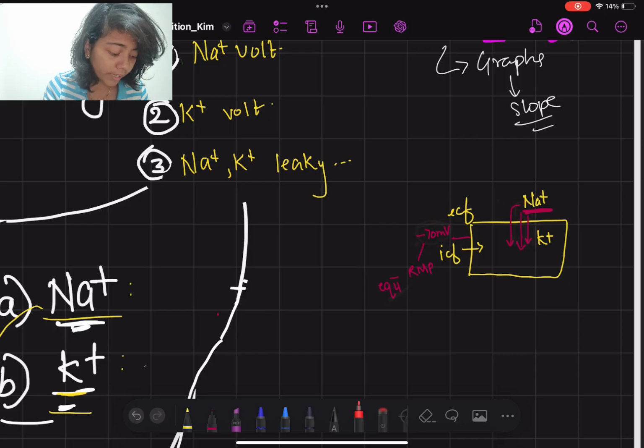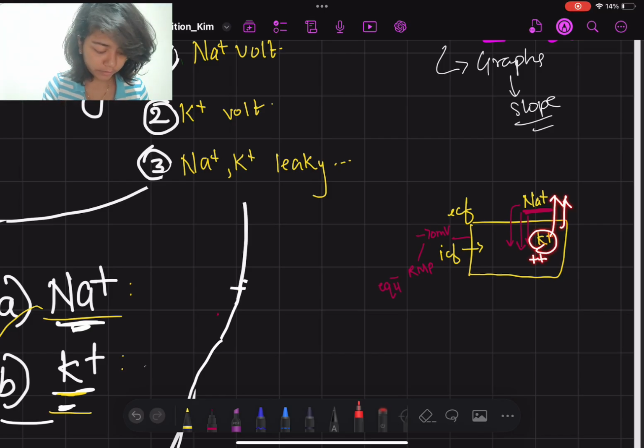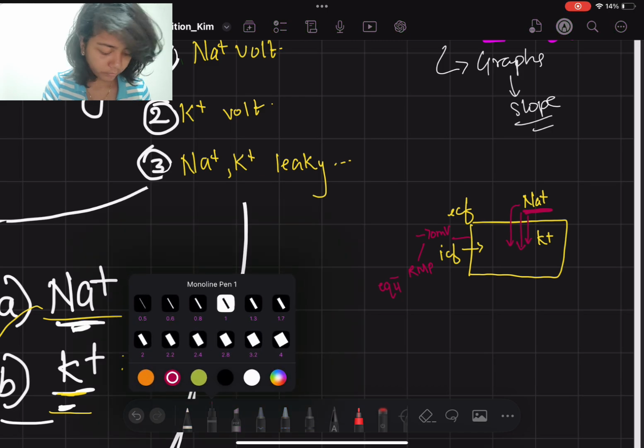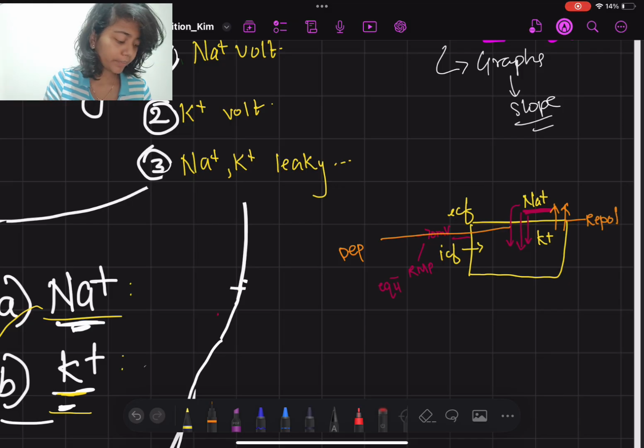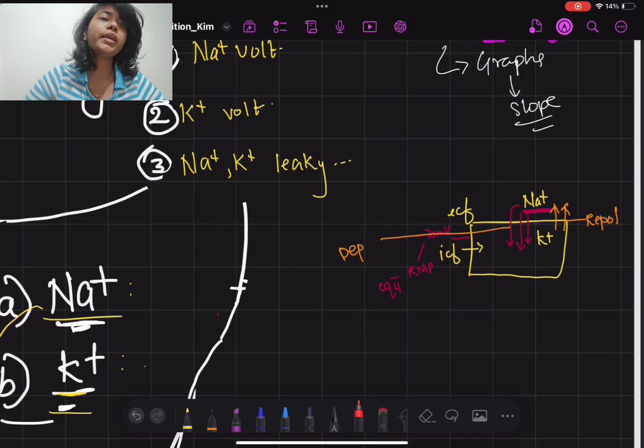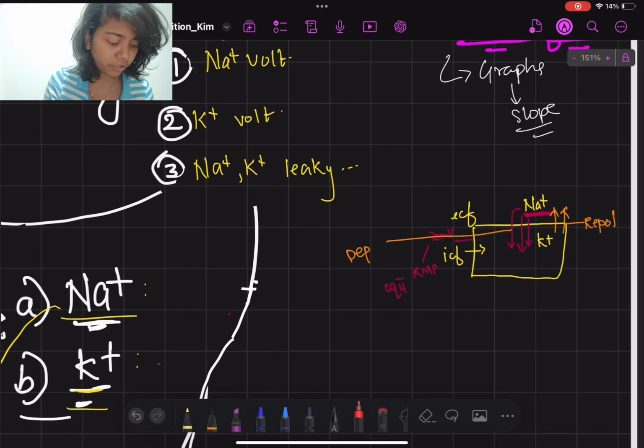So the cell would again want to become minus 70 millivolts. So the excess positive charge that has accumulated in the ICF should be reduced. How will it be reduced? By potassium efflux. Okay, so sodium influx is called depolarization, and potassium efflux is repolarization happening. Repolarization means it is bringing it back to the resting membrane potential.